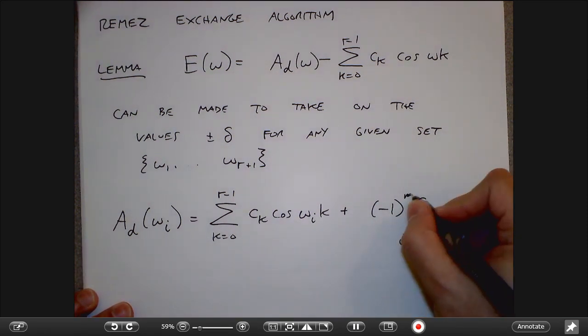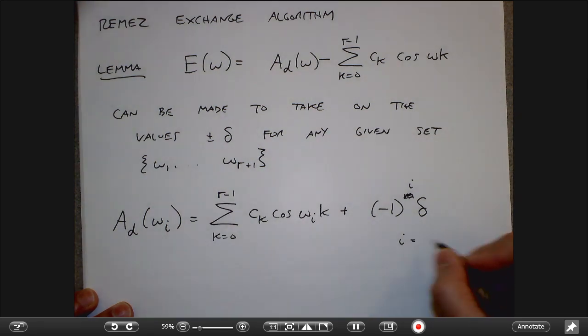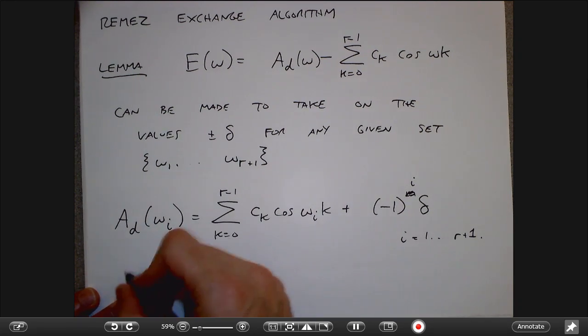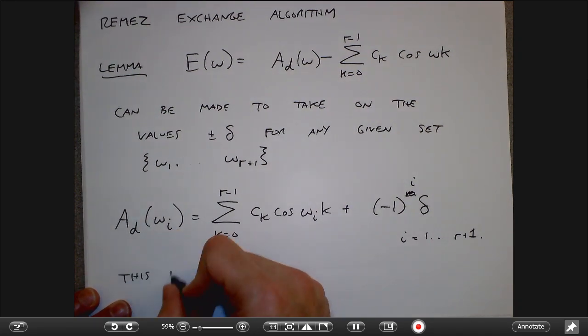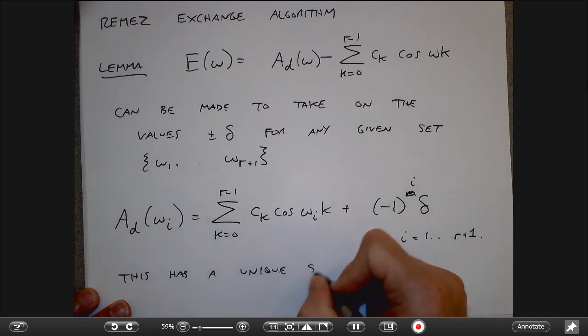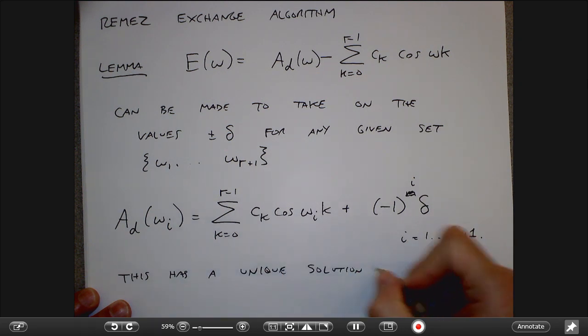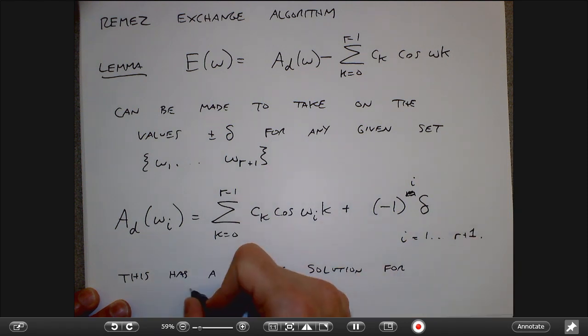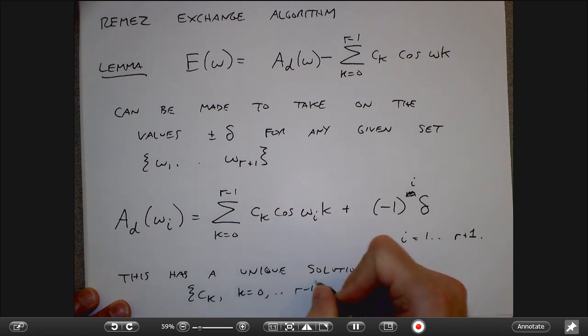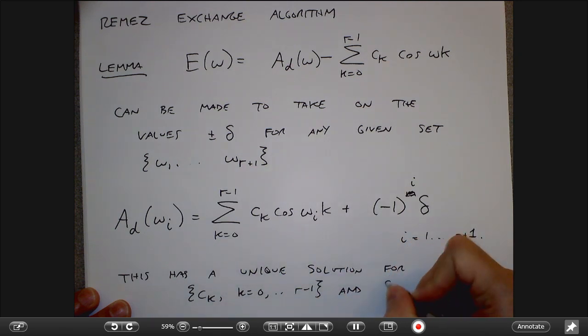And this i goes from 1 to r plus 1. And so the idea is that this has a unique solution for c_k, k equals 0 to r minus 1, and delta.